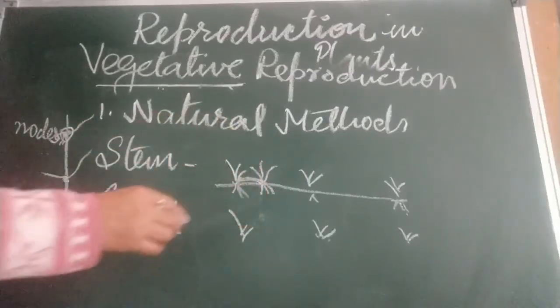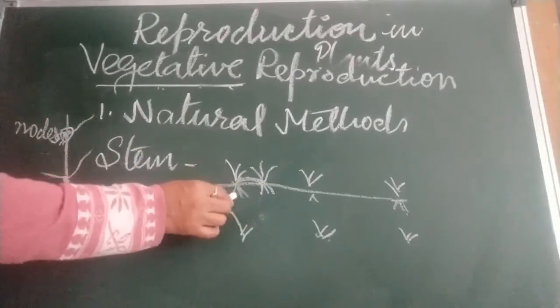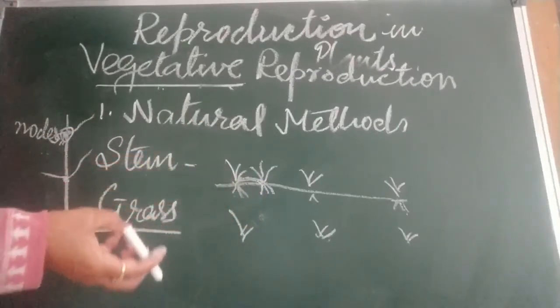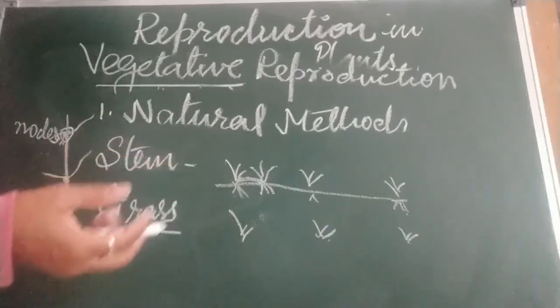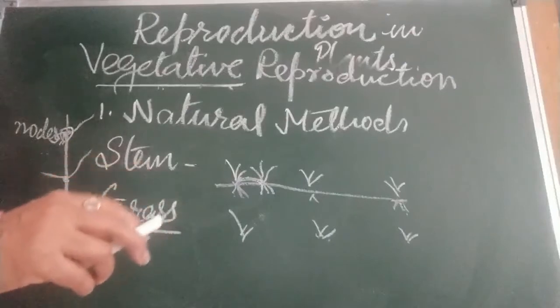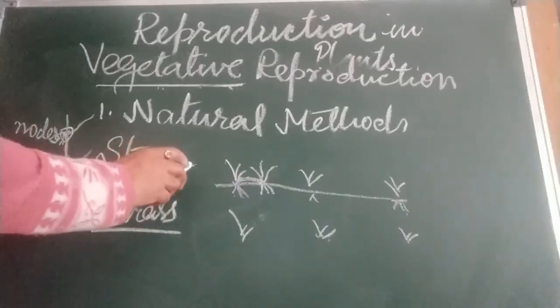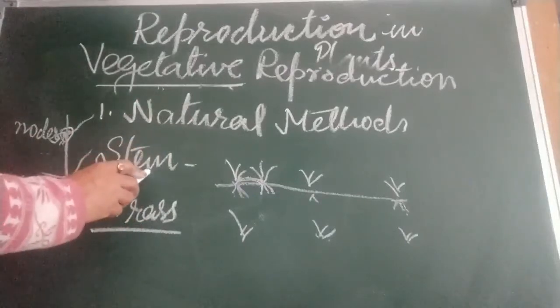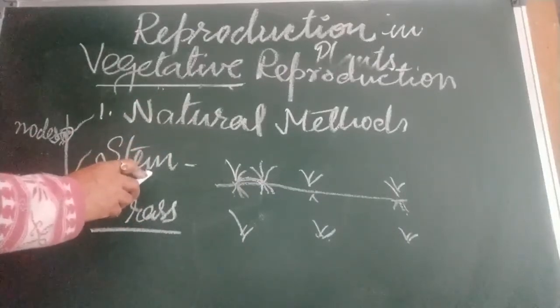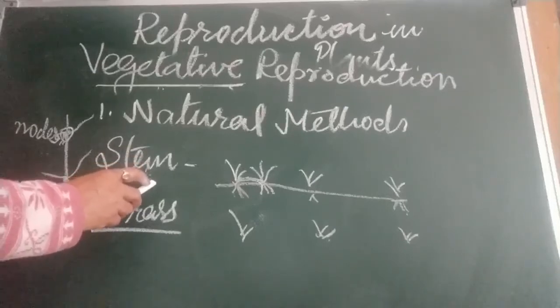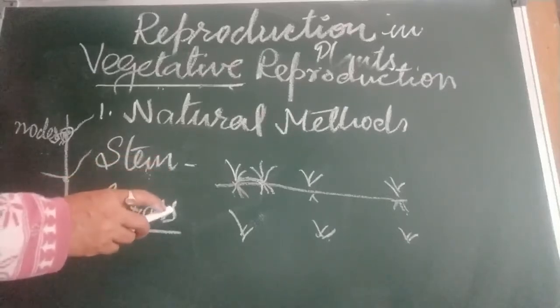Stems are the most common parts involved in vegetative reproduction. Like by stem cutting, in artificial method we will discuss that. But in many plants we can see that vegetative reproduction takes place by this stem. Vegetative propagation through stem. I am going to tell you some examples.